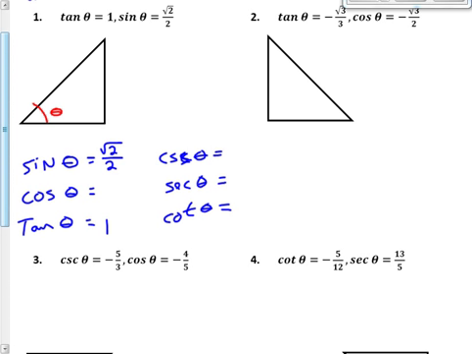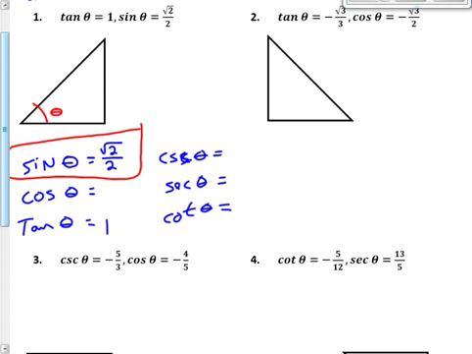So the first piece of information that we're going to look at is the fact that they gave us a sine. And I know that they gave the sine as the second thing that they gave, but when I look at the tangent is equal to 1, well, that could be like 5 divided by 5. It could be the square root of 17 divided by the square root of 17. But any number divided by itself would give us a 1.